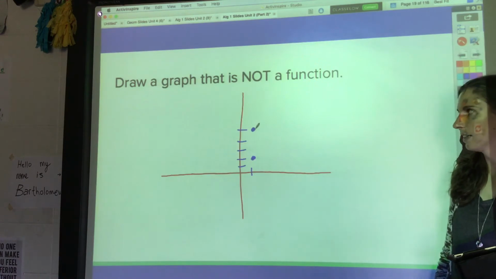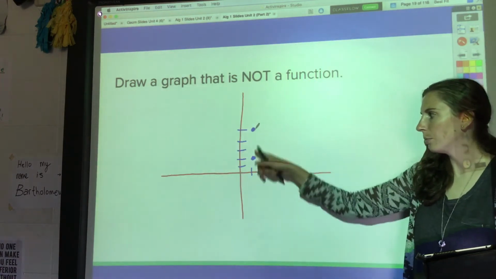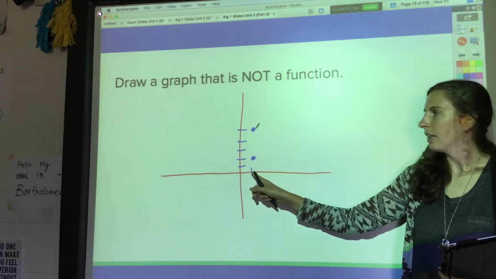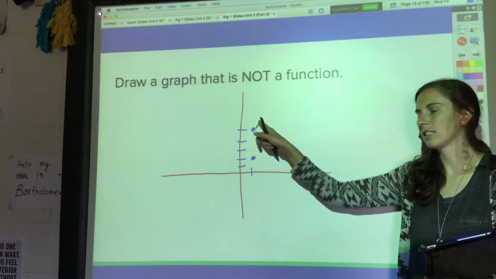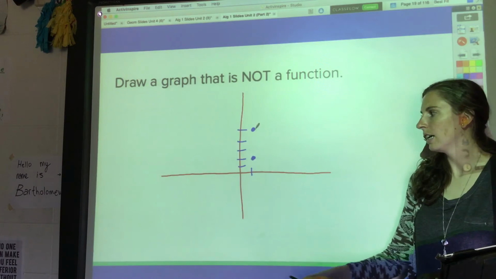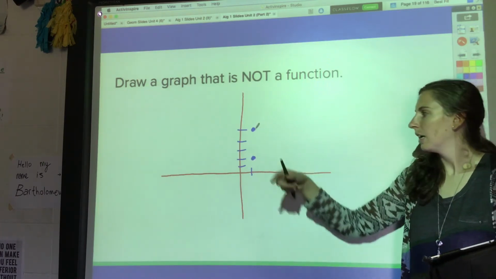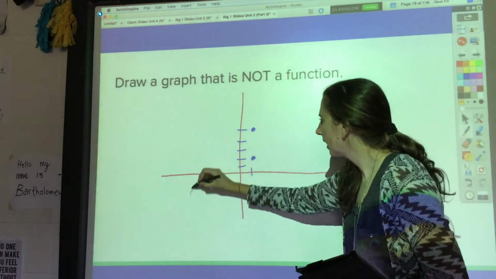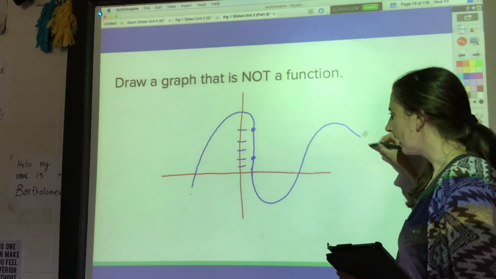What happens is, if I have multiple outputs for the same input, they are going to line up vertically. Basically, they're going to kind of stack on top of each other. So this is not a function here because I have 1, 2, and I have 1, 5. So that might look something like this. Just gonna draw a random line. Yeah, that's not a function.